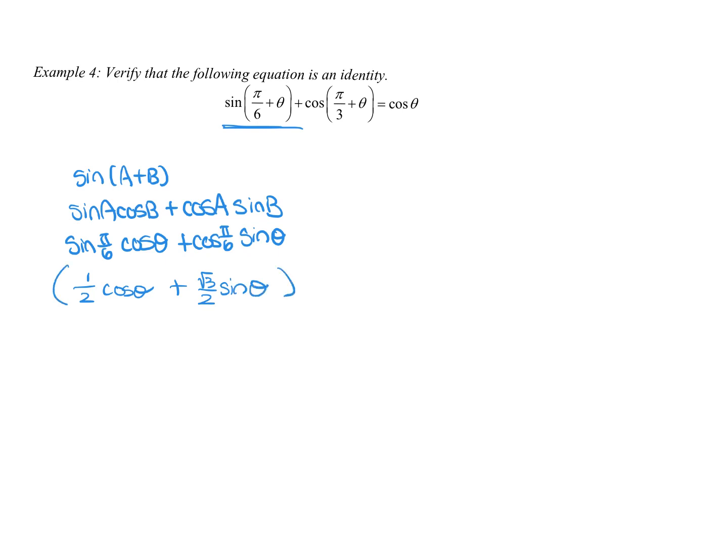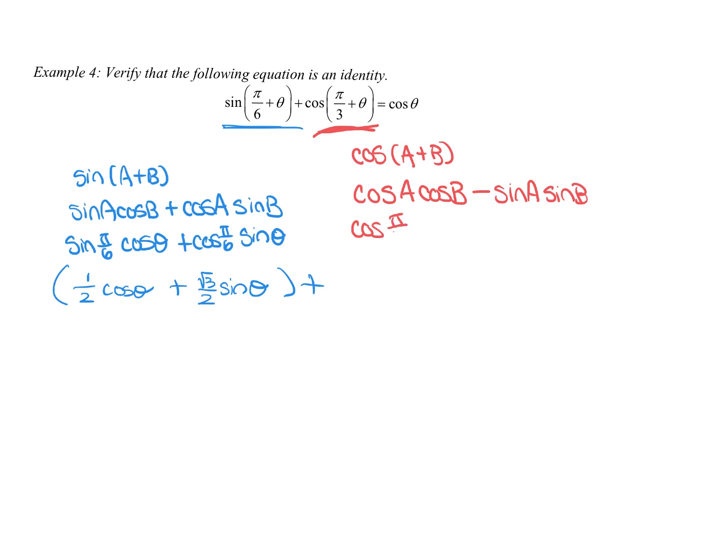So blue thingy right here plus red thing. Cosine of A plus B expands into, from last section, cosine A cosine B minus sine A sine B. So I'm going to have cosine of pi over 3 cosine of theta minus sine of pi over 3 sine of theta.